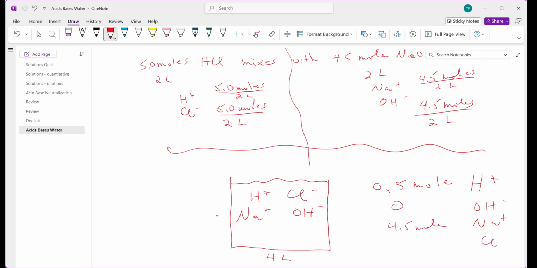Cl. How many of those do we have? Those did not get used up. Spectator ion, just along for the ride, just holding a place for the acid and holding a place for the base. So that's the salt.